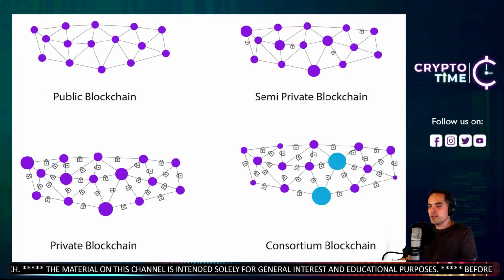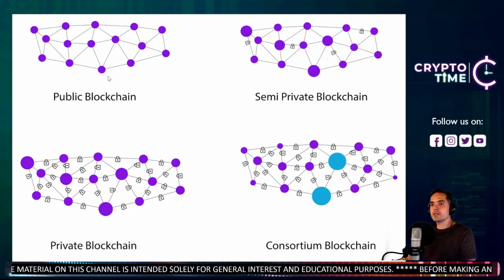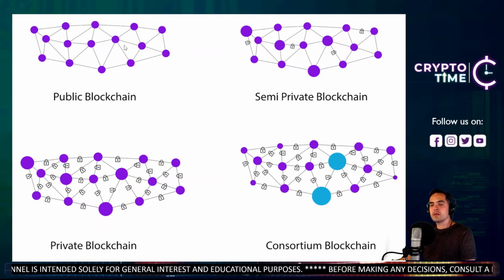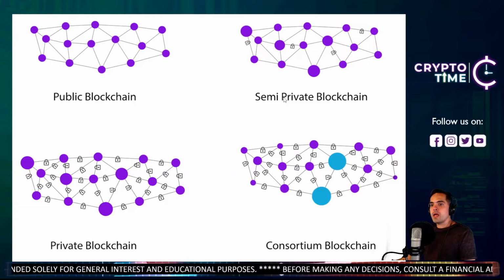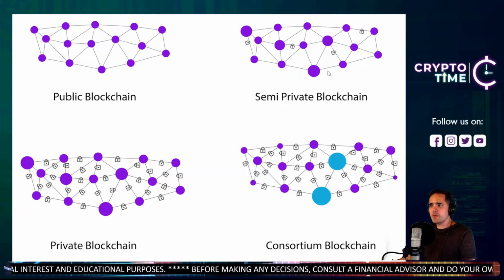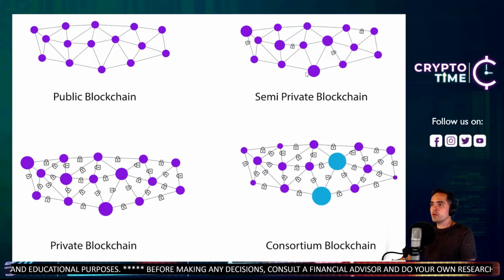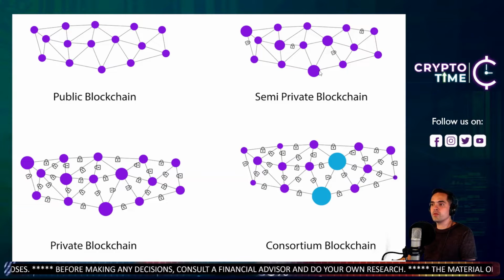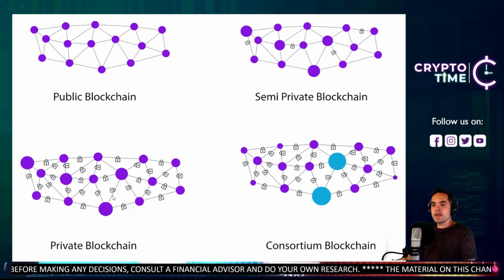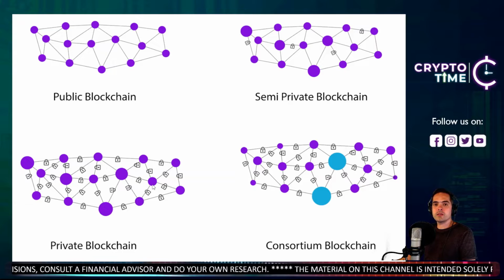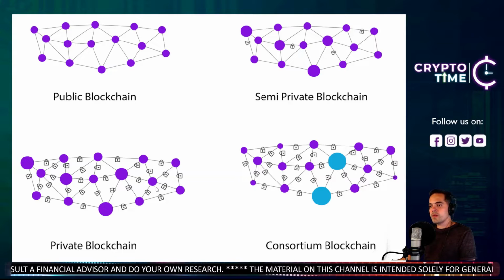And here's another picture to show that. Again, with the public blockchain, everyone has access to the blockchain. Then we have the semi-private or hybrid blockchain, where you could have access to certain parts of that blockchain, and the private blockchain, where everything is blocked and has private access.